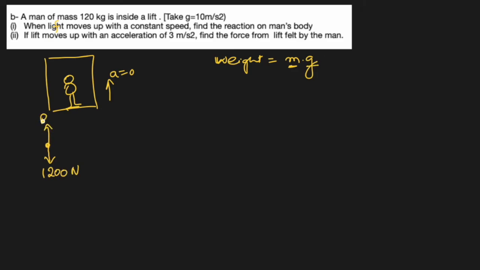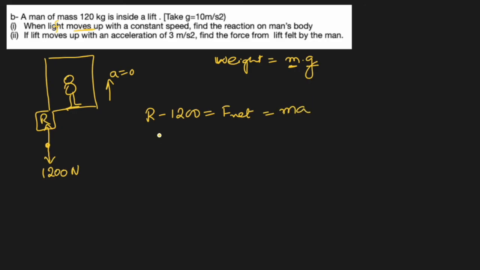Reaction will be by the lift on the person, right? This is the free body diagram, and it moves up. Whatever moves up, that becomes the stronger force, the applied force we call it. Okay, so R minus 1200 will be equal to net force, which is MA.